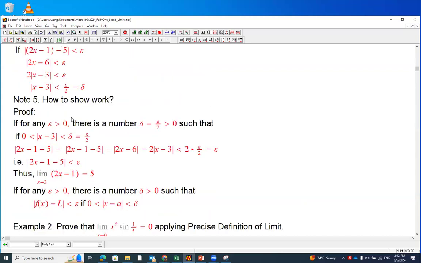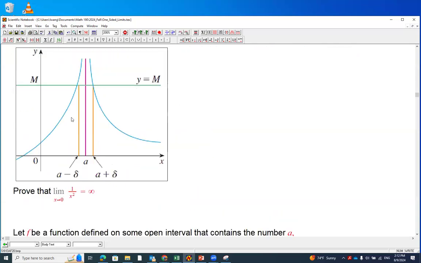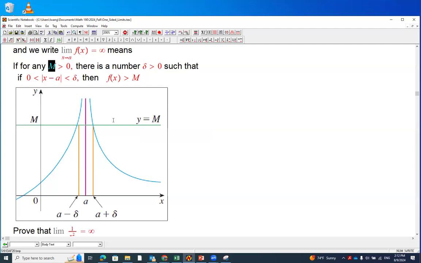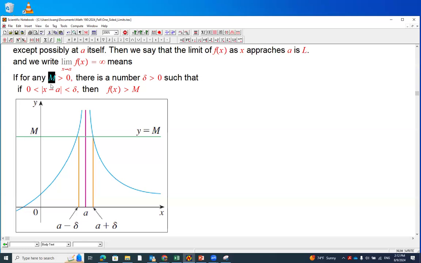But in the definition here, because it's approaching positive infinity, we choose a positive number, capital M, to indicate how large it can be. But the idea is the same, okay?